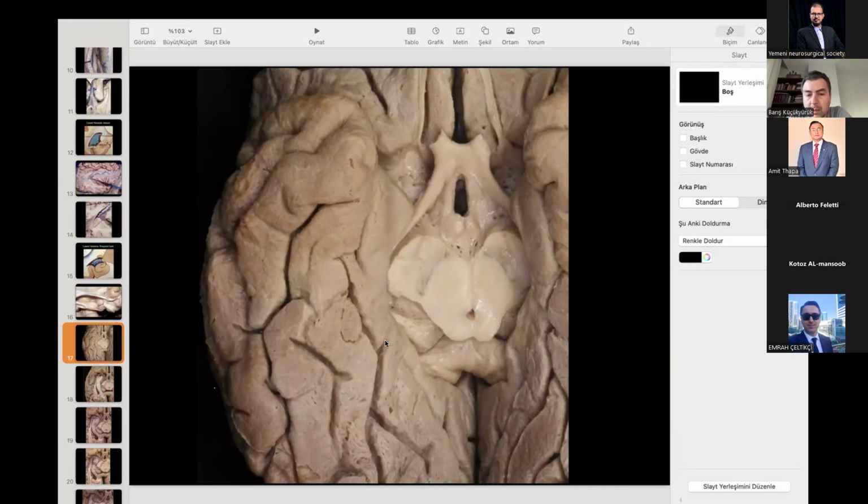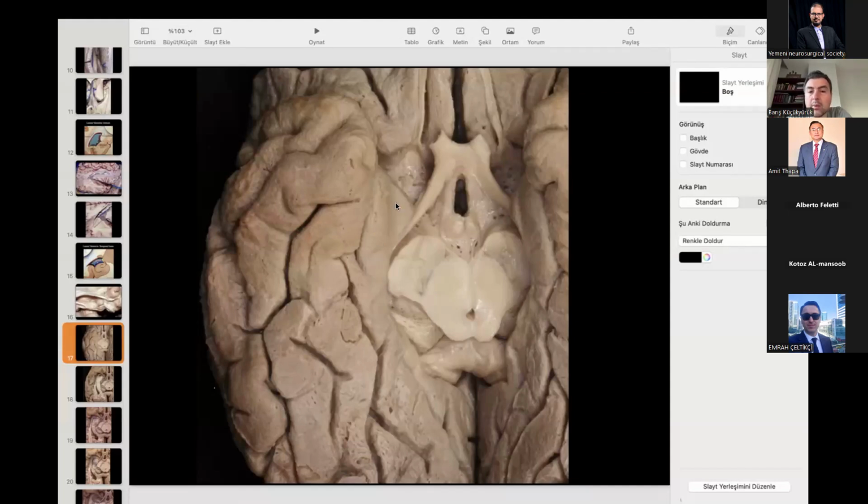This is the parahippocampal gyrus. This is the mesencephalon. Between the posterior segment of the uncus and the mesencephalon, there is the optic nerve, chiasm, and then the optic tract going into the crural cistern and then the ambient cistern.